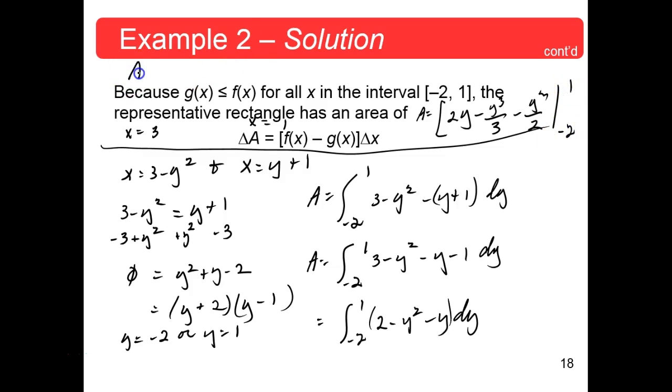Okay, so your A is going to be, let's plug in 1, and what do you get? 2 minus 1/3 minus 1/2.